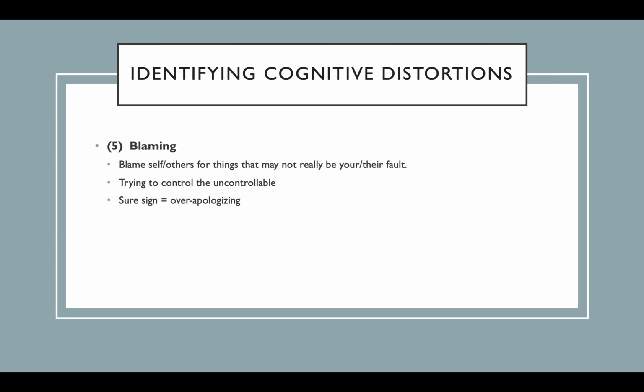Okay, blaming is the next one. Pay attention that blaming here, the meaning is a bit different than how we usually use it. So blaming is when you take blame or take responsibility for something that is out of your control. So people who over apologize a lot, even though something wasn't their fault. I think we all know a person or two that are like that.